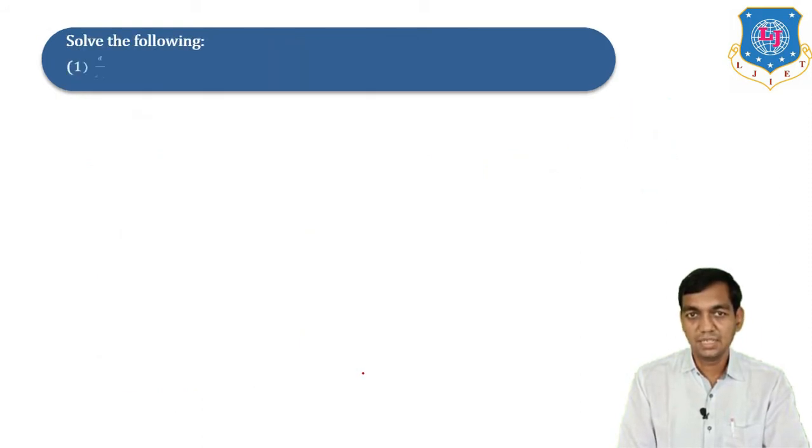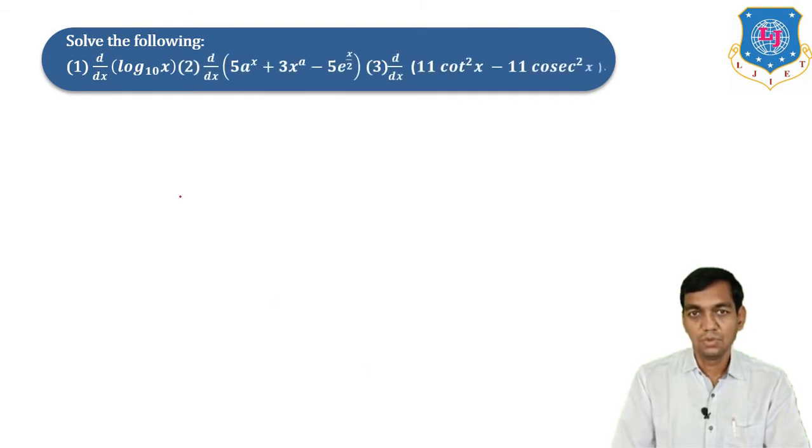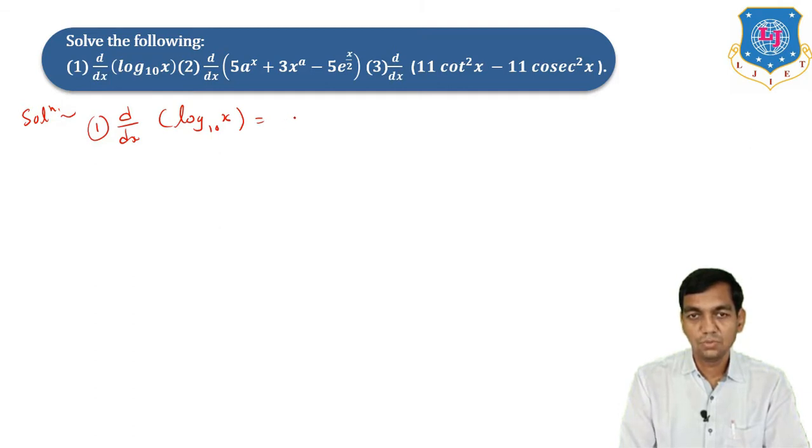Now we are starting with the examples. Now first of all, whatever formulas you have learned. So here you are given the first one, d by dx of log x base 10. Now we have learned the log for base e.